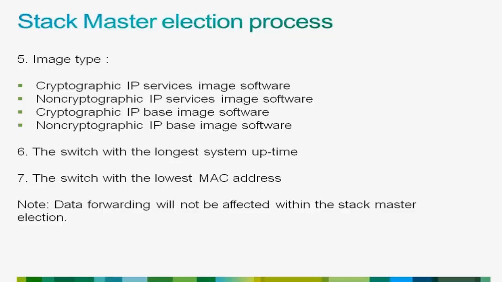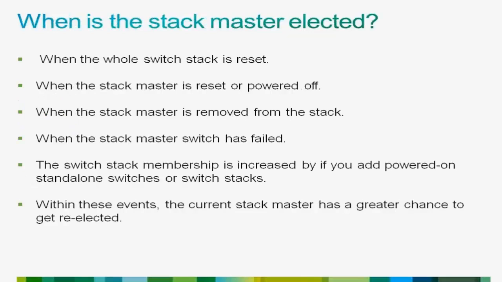In the existing stack, if you add a new switch, and the new switch undergoes an election process, it's not going to impact any of the data forwarding that's actually happening on the stack. All right. So when will the stack master election happen? Let's say the entire switch stack reloads, yes, obviously it's going to search for the master who's going to take the role of the control plane.